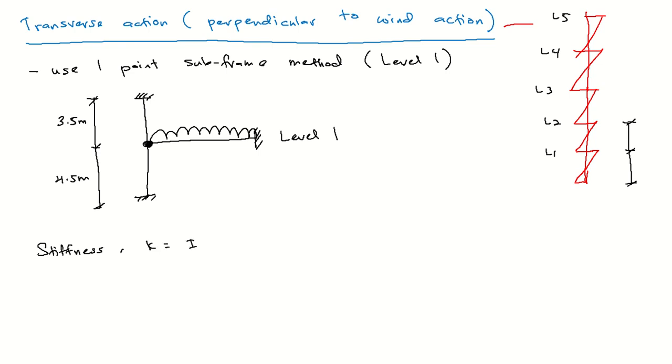Stiffness K equals I over L. Since we have different sizes of slab and wall, we will have two values of stiffness. This is the slab, this is the wall upper.